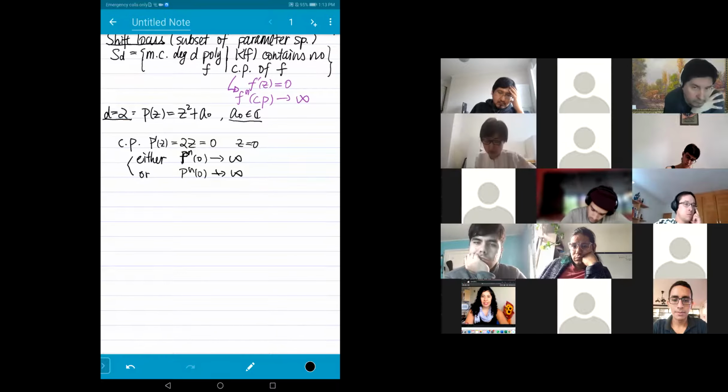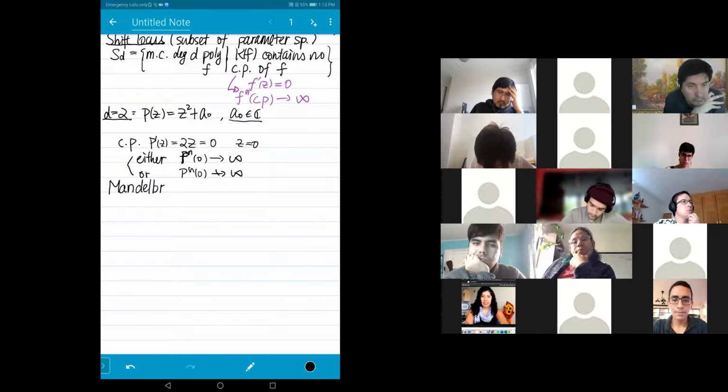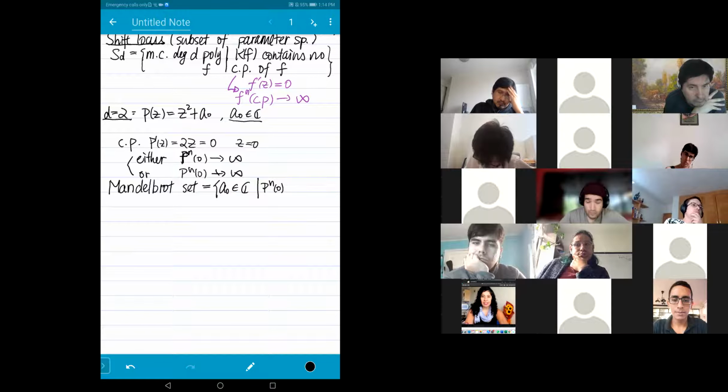So this dichotomy gives the definition of a subset of the complex plane, the parameter space, which is the famous Mandelbrot set. So basically the Mandelbrot set is the set of parameters a_0 inside C such that the orbit of 0 does not go to infinity.